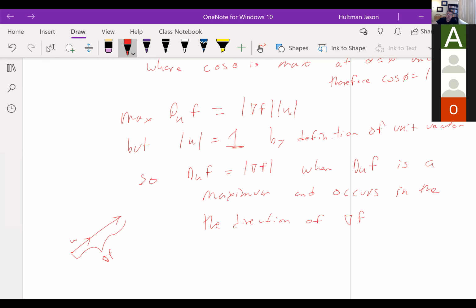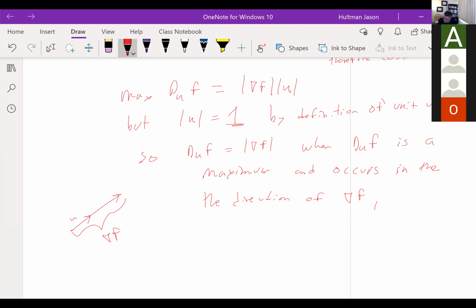But del f is also in the direction of u, because they're on the same path. So, of course. So proven. Boom.